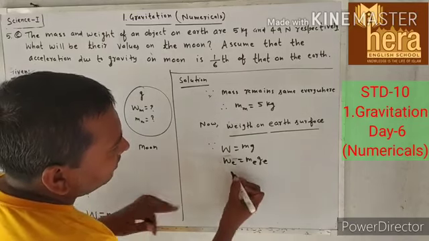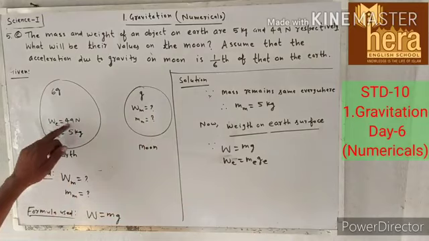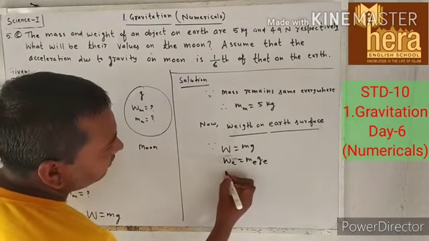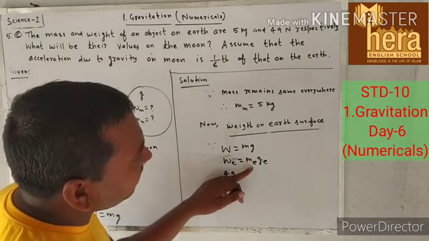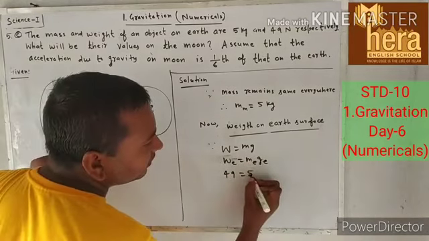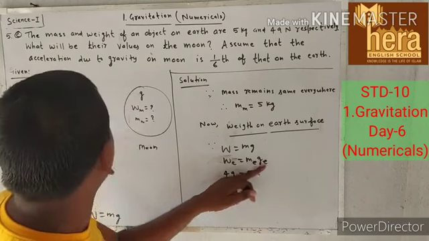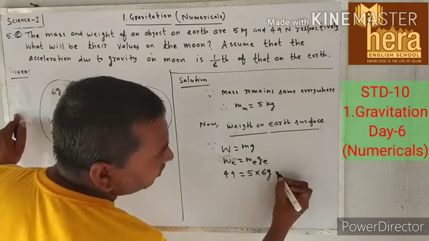So in this case, weight on the surface of earth is 49. So 49 is equal to mass on the surface of earth, that is 5 kilogram, 5 into GE, acceleration due to gravity on the surface of earth, 6g.